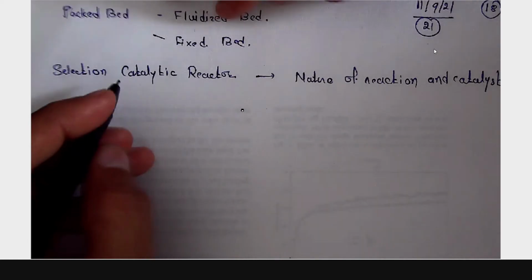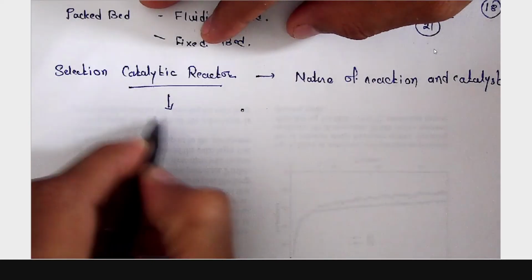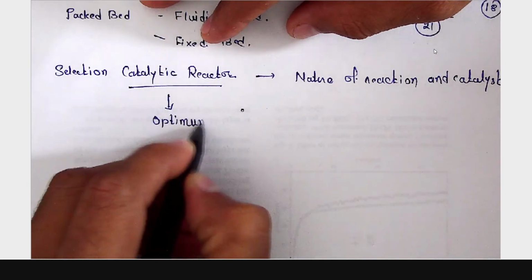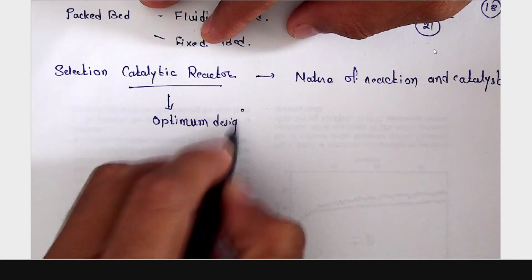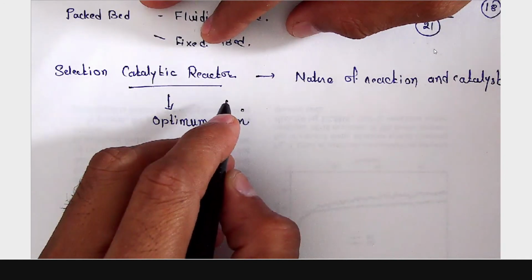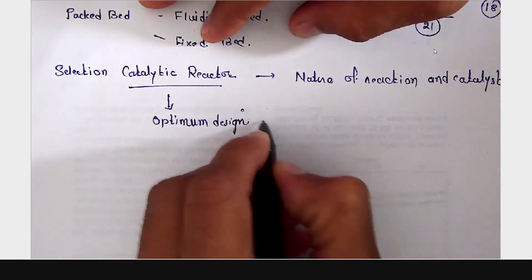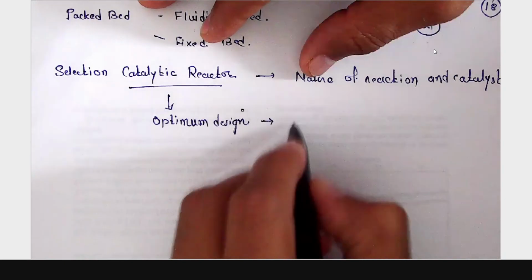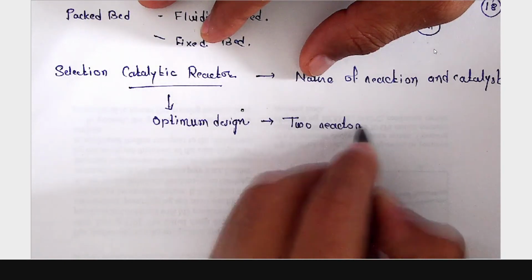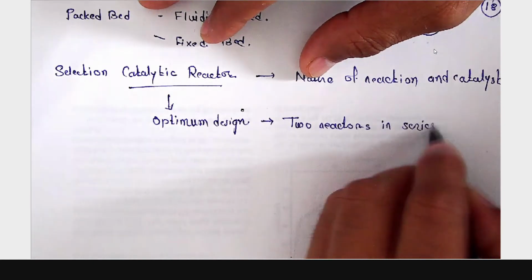So this is our heterogeneous reaction. To obtain the optimum design of this particular reactor, the base design is generally two reactors in series in such kind of reactions, and that may be different.